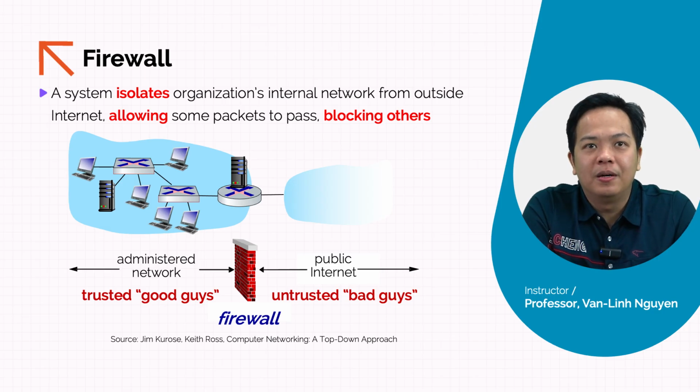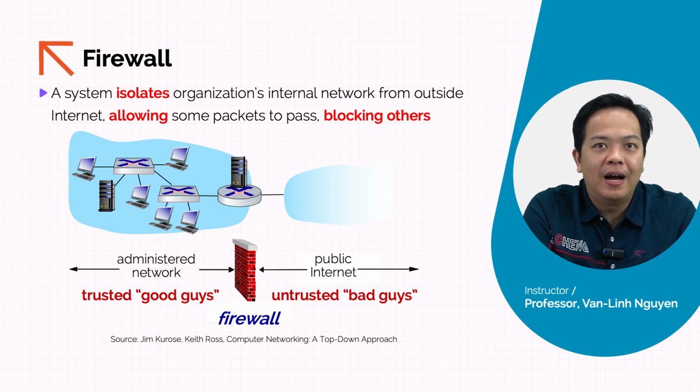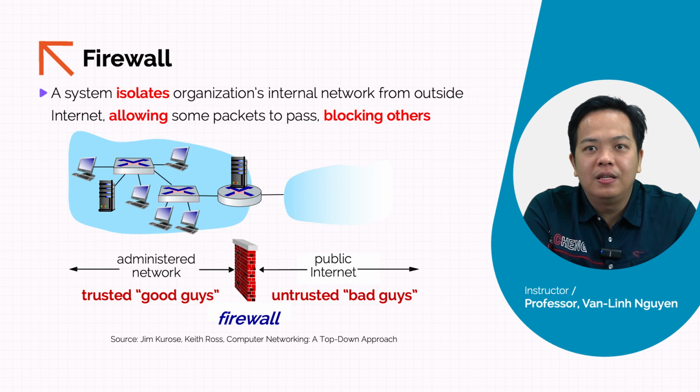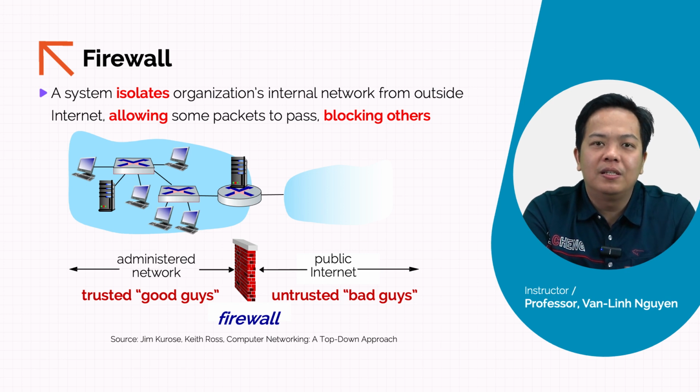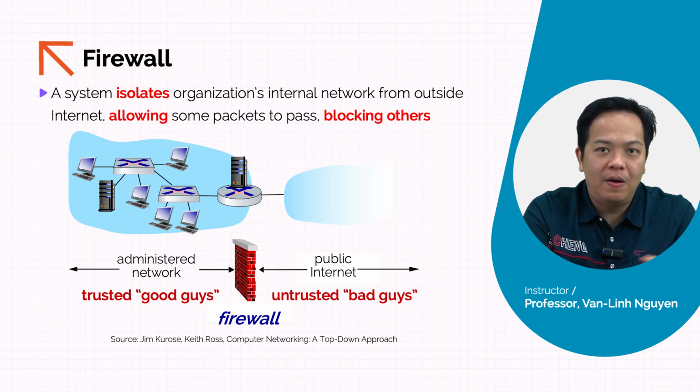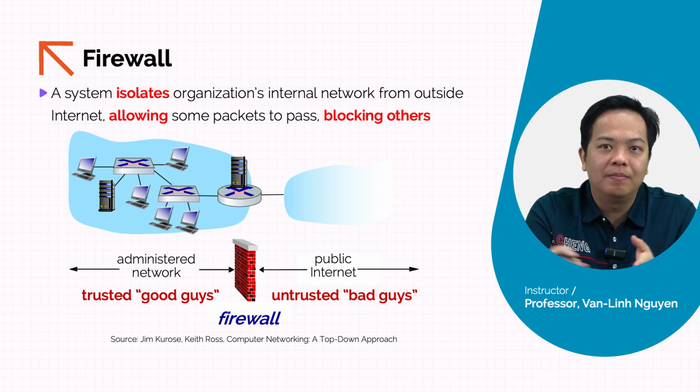First is the firewall. It is a system that tries to isolate the internal network from the outside internet. On the screen you can see a firewall separating the untrusted bad guys from the public internet from the trusted internal network. It's similar to our house: we have a wall to prevent untrusted people, bad guys from outside, from getting into our house.